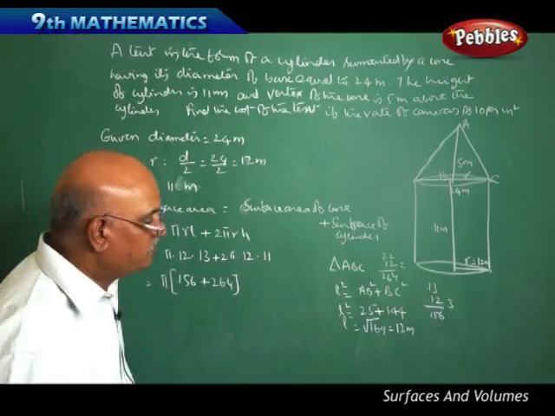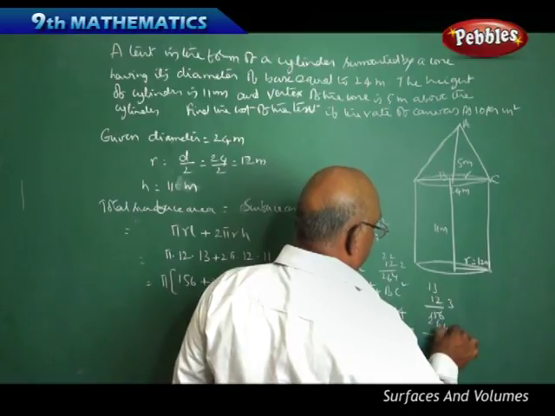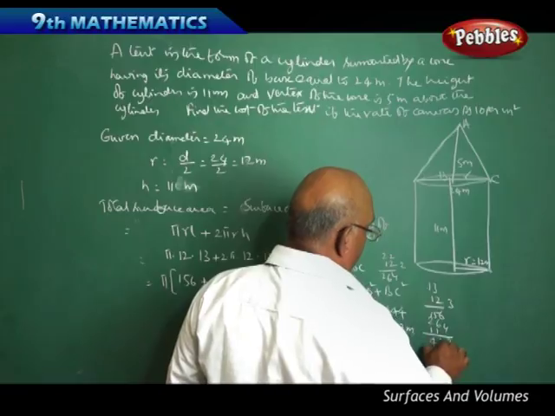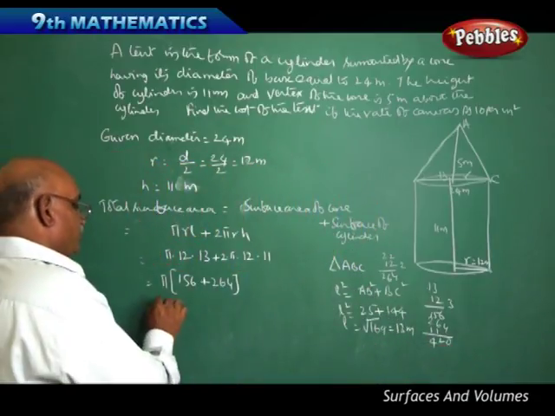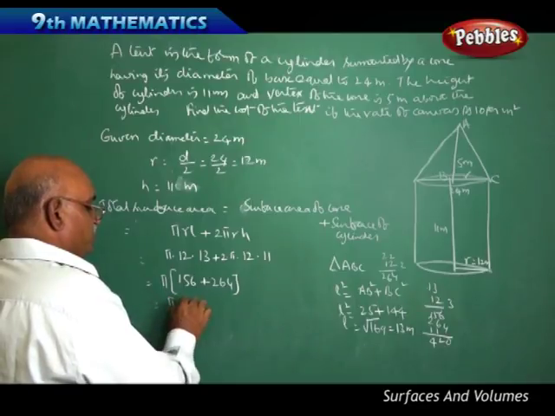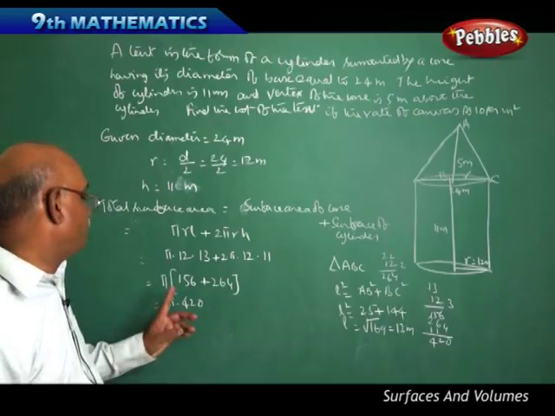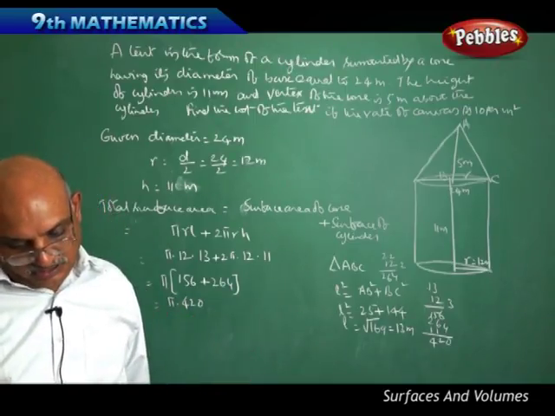Now 264 plus 156 is equal to 420. Therefore this is pi into 420, that is the total surface area.